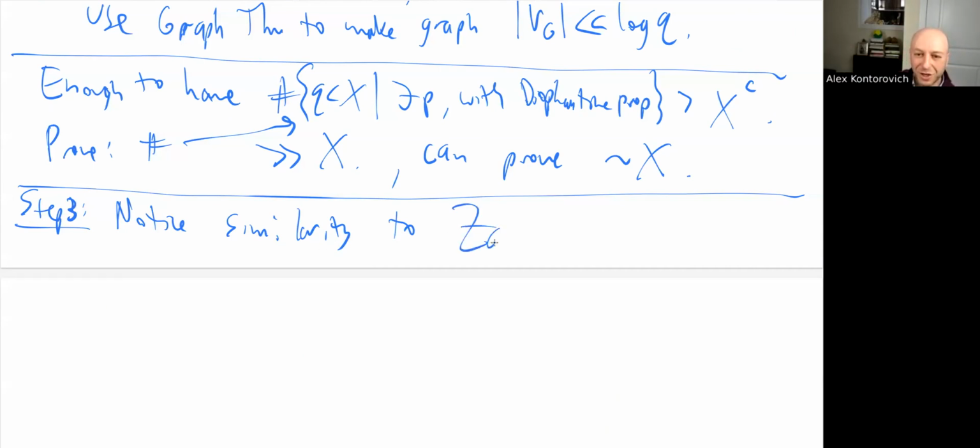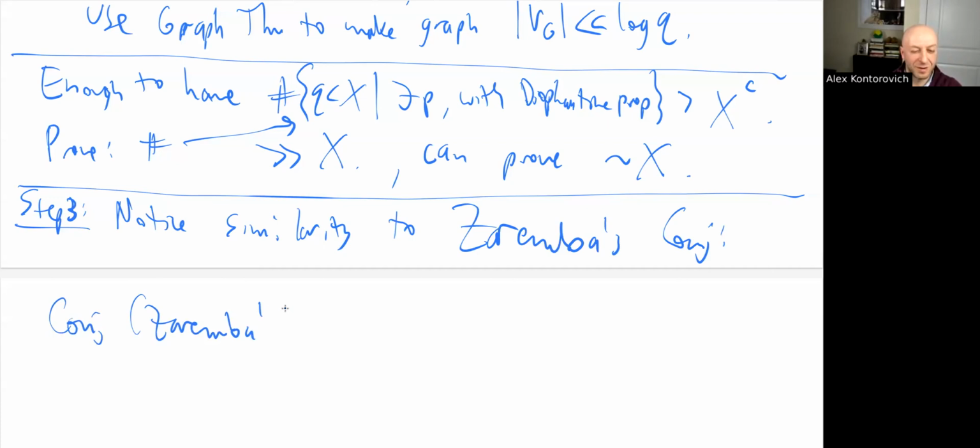Similarity to Zaremba's conjecture. Zaremba's conjecture is the following. This is a conjecture of Zaremba from 1972.